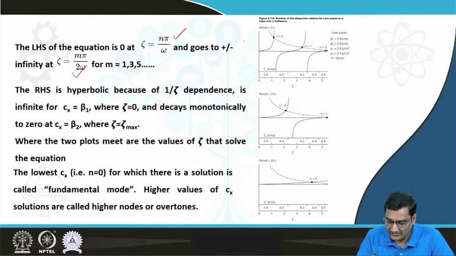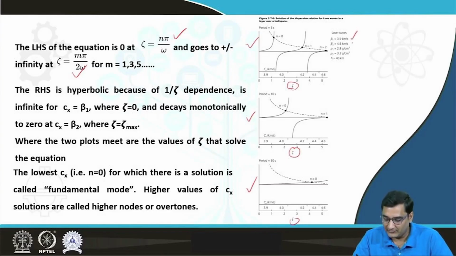So that is for period 5 seconds, that is for period 10 seconds, that is for period 30 seconds, right? And then you can see on the x-axis you have your parameter zeta for all the periods. And these curves are drawn for particular physical parameters, such as beta 1 is 3.9 km per second and beta 2 is 4.6 km per second, which means that your Cx will only be varying between 3.9 km per second to 4.6 km per second, right?